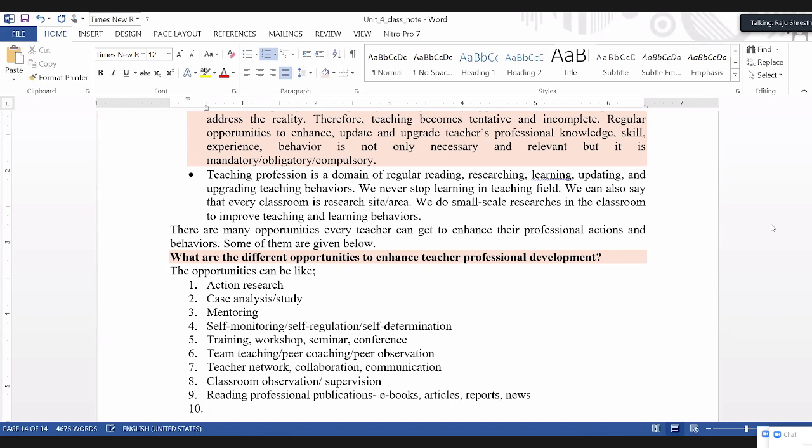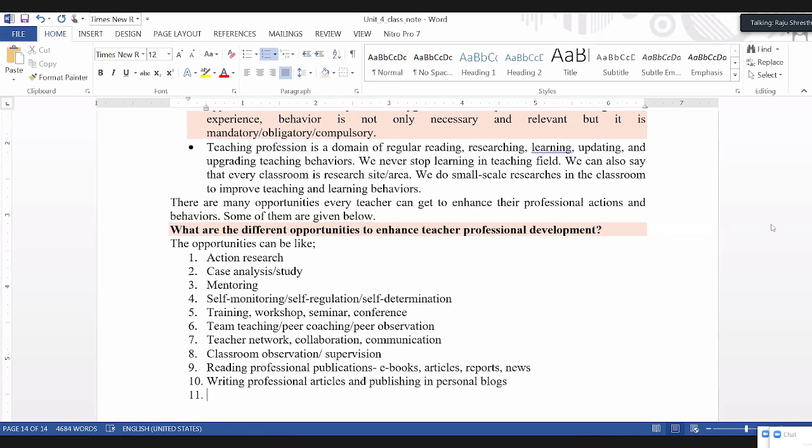And writing professional articles and publishing in personal blogs.